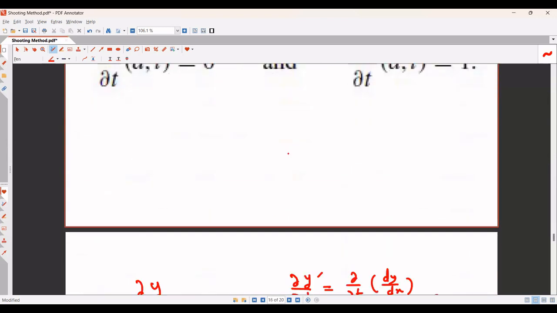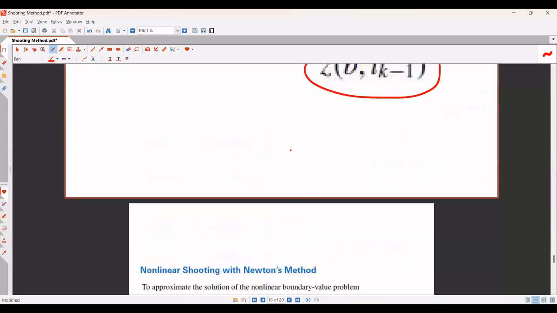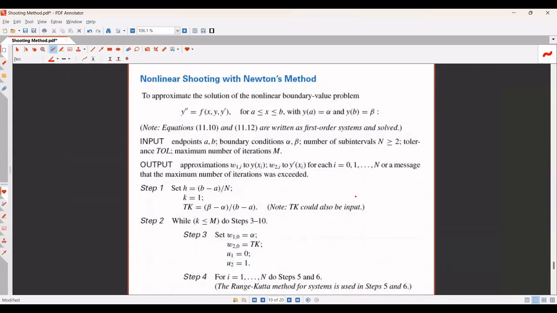Now, you could basically use another method for solving for t. For example, you could use the secant method, false position, and other methods you learned in the numerical methods course. That's also fine.